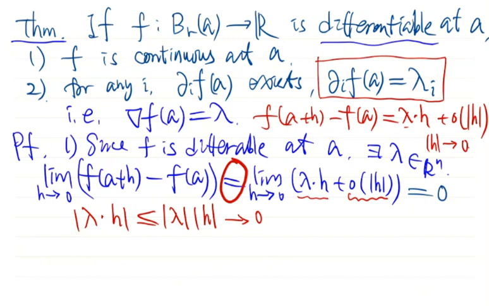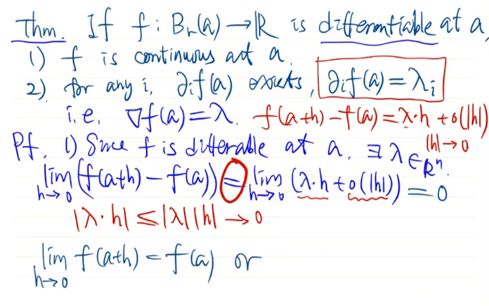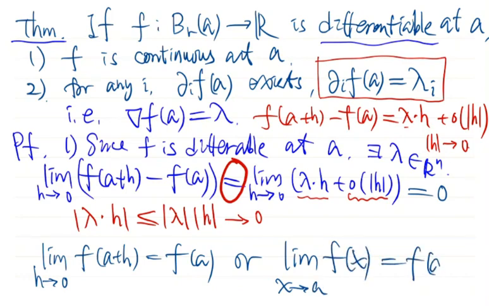So when h goes to 0, the limit of f(a+h) minus f(a) is 0. This means that as h goes to 0, f(a+h) is nothing but f(a). Or you can write it the other way: as x goes to a, f(x) is f(a).